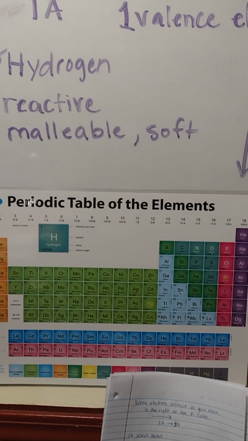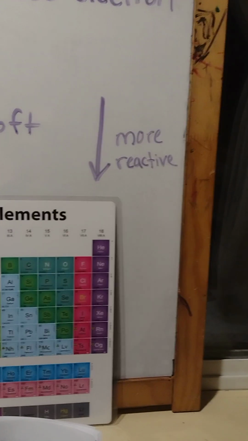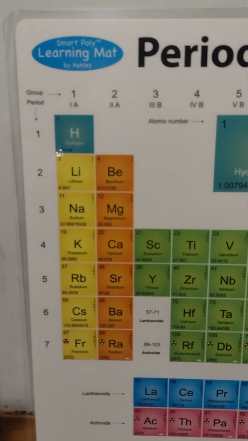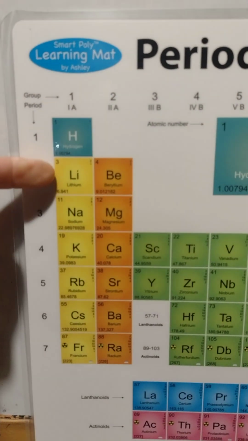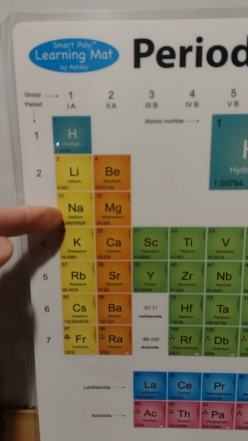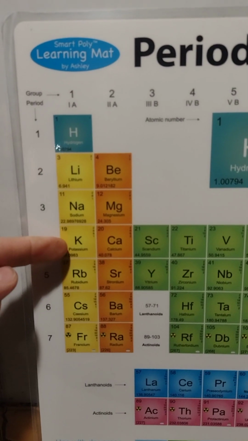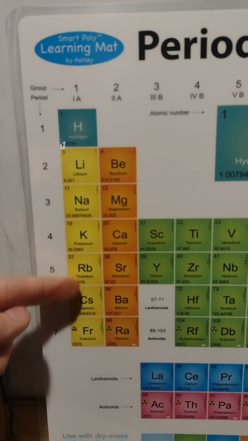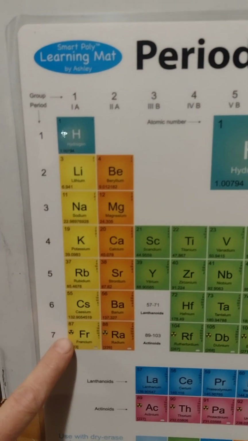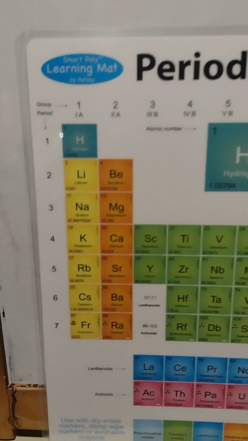And then as you go down the periodic table there, they become more and more reactive. Lithium is the least reactive of this column, and then sodium gets more reactive, and potassium gets more reactive, and then as you go down, it's just more and more reactive, and I think, yeah, this one's radioactive down here.